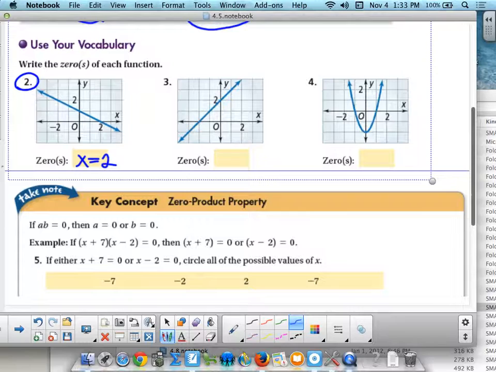Yep, because the 0 is an x value that gives us 0. What's the 0 on number 3? Negative 2. Number 4, the zeros are what, Cole? 1 and negative 1. He says positive and negative 1, and yes, he's right.